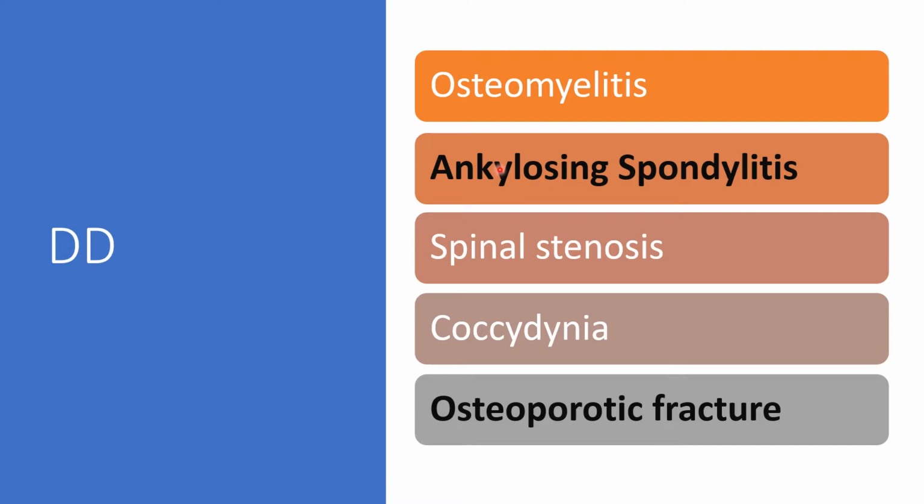Ankylosing spondylitis is a chronic inflammatory disease of the axial skeleton. Here, something is specific, that is bamboo spine. There may be uveitis, fatigue, and the pain that will be severe at rest. Because it is a chronic inflammatory disease, right? When you test your rheumatoid factor, it will be negative.